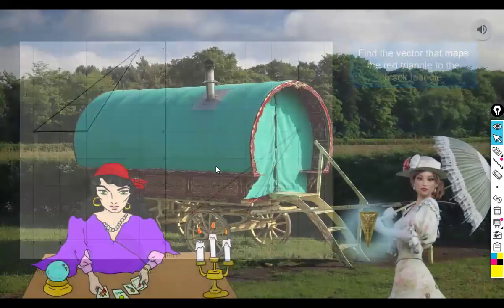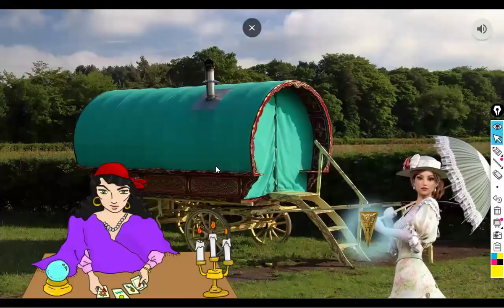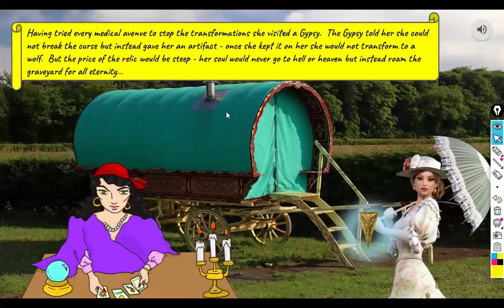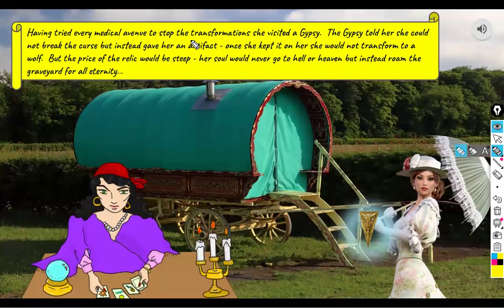All right. So Joanne has no choice now but to try to get rid of this curse. So she visits a gypsy, right? Having tried every medical avenue to stop the transformations, no pun intended here, even though we're doing transformations, right? She visited a gypsy. The gypsy told her she could not break the curse, but instead gave her an artifact.